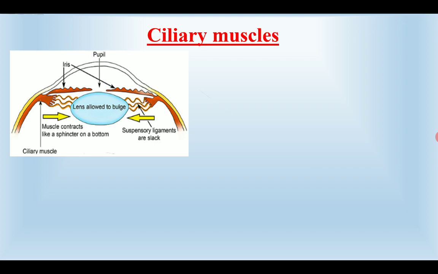Now, the suspensory ligament, known as the ciliary muscles, contract or expand in order to contract or expand the eye lens which is attached to these ciliary muscles. Whenever there is contraction, as you can see from these arrows, the eye lens is bulged out.